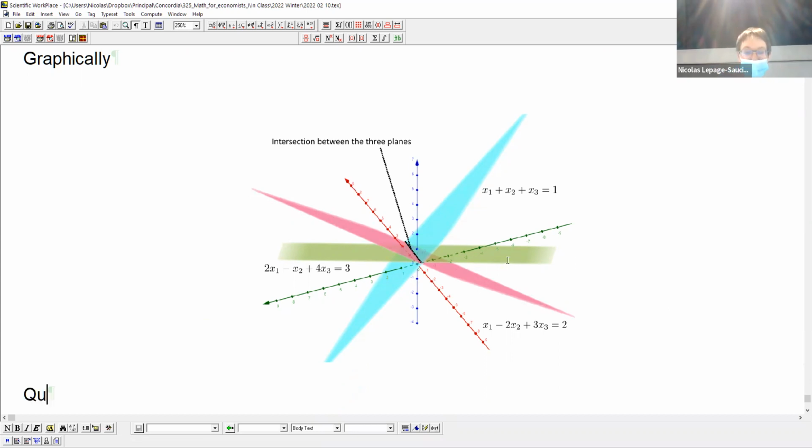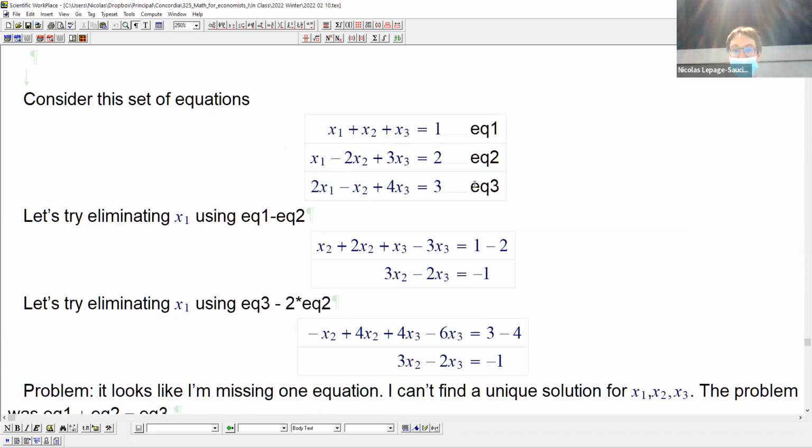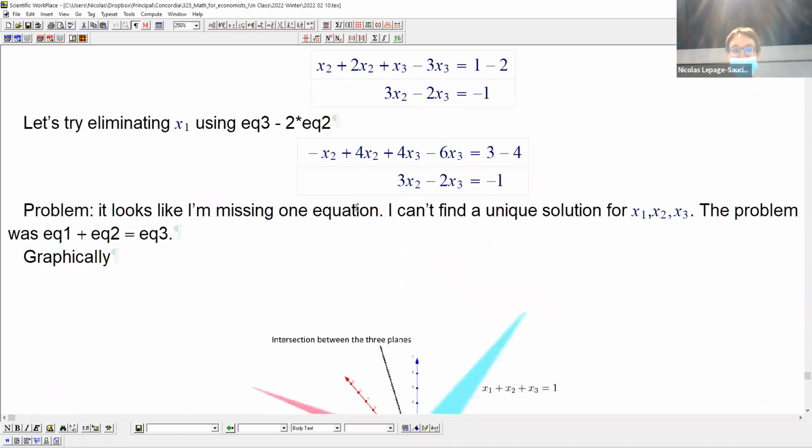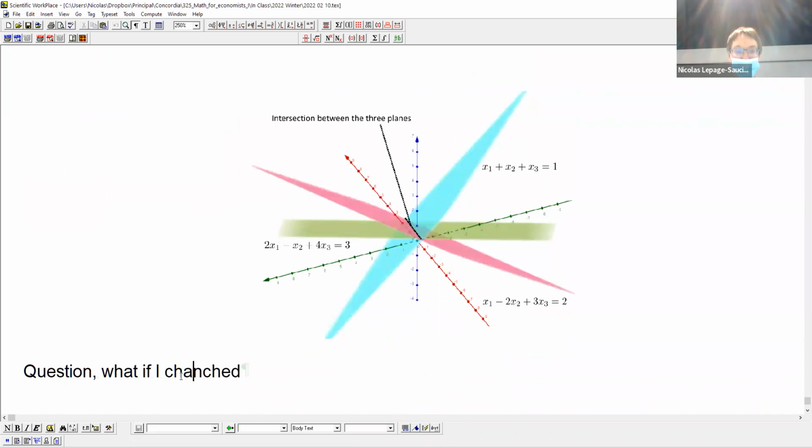So question. What if I changed equation 3 from this to, for instance, 410?